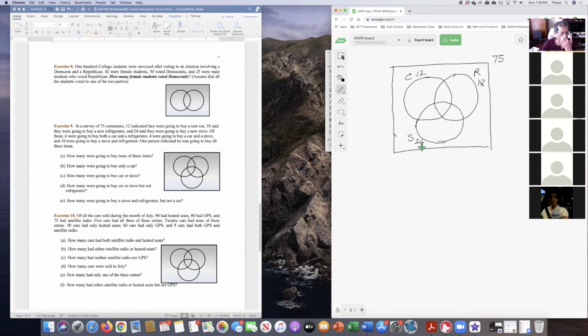Okay, 6 will buy both car and refrigerator. So does that mean I can put the 6 here or not? No, that's a common error. That's why I wanted to bring that out. That section is not 6.